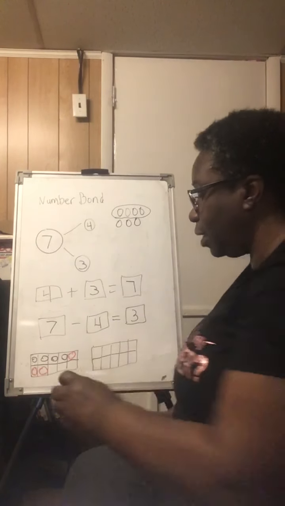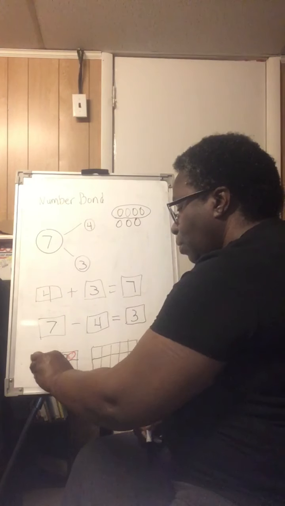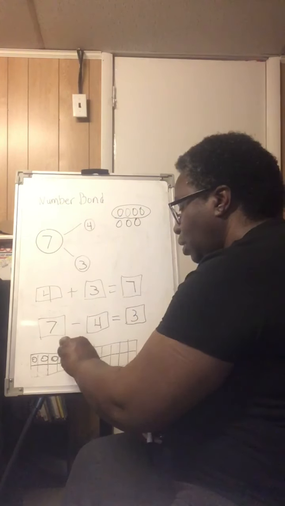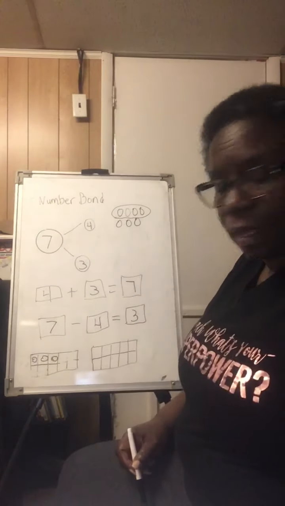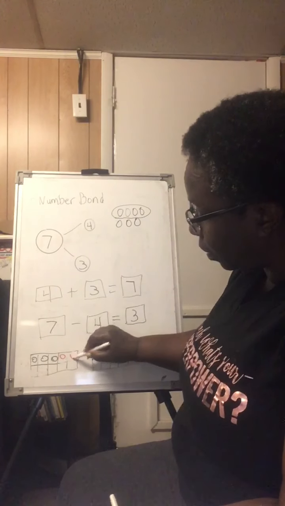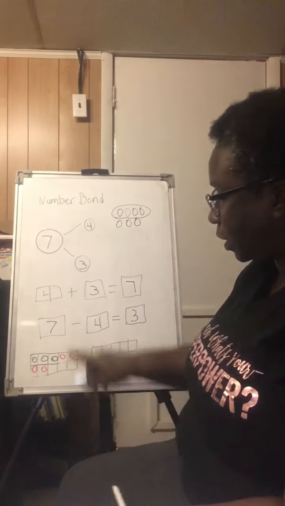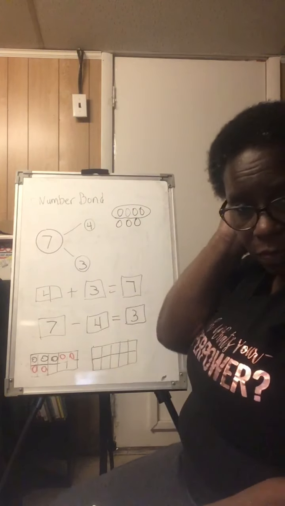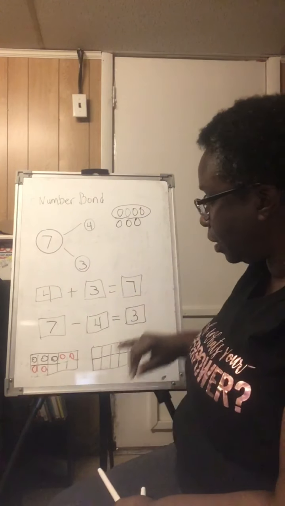I did it backwards on here because I did a whole different sentence, so let's switch these around. We're going to have 3, and 1, 2, 3, 4. Because we did 7 minus 4, I'm taking the red ones away and showing you the black that's left.